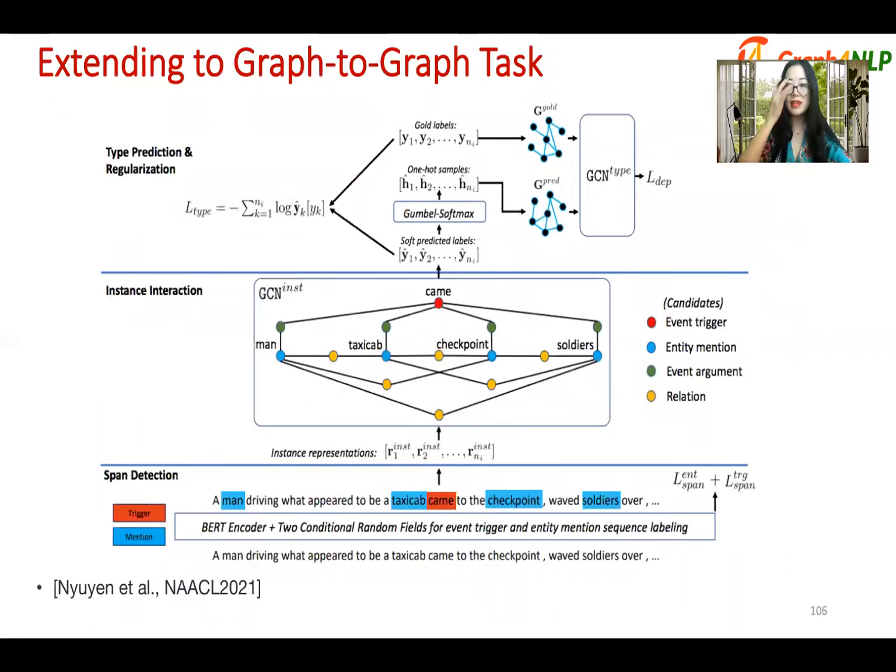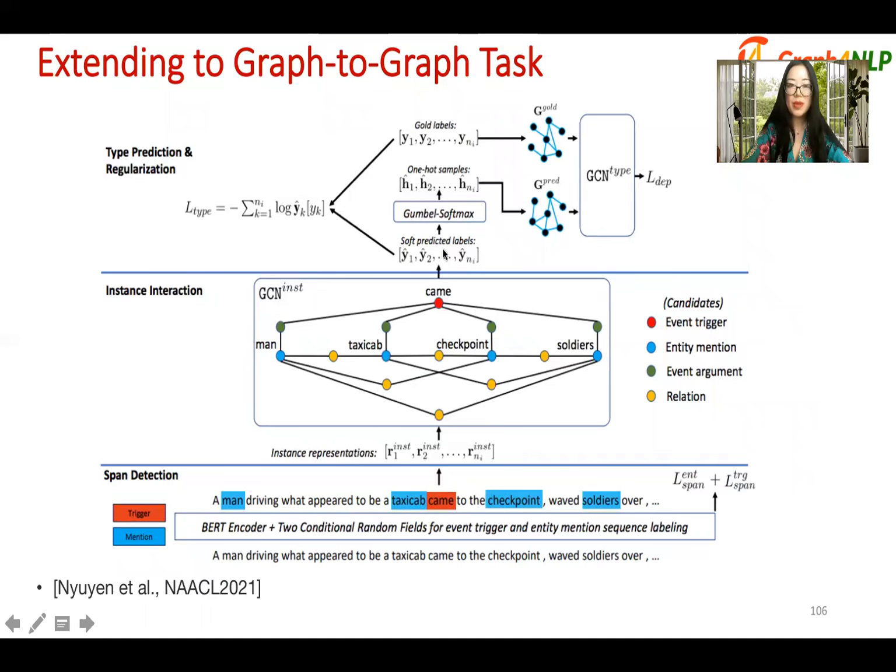So very recently, there's some work trying to replace the encoding part from sequence encoding to graph encoding, which means if we can apply some symbolic semantic parsers, such as dependency parsers or abstract meaning representation parsers to encode a graph of the sentence, then we can do graph encoding, then graph decoding.